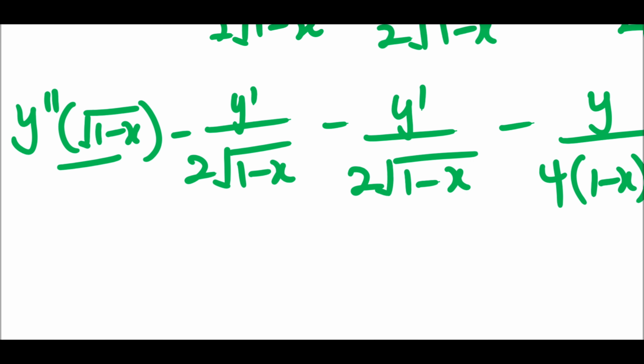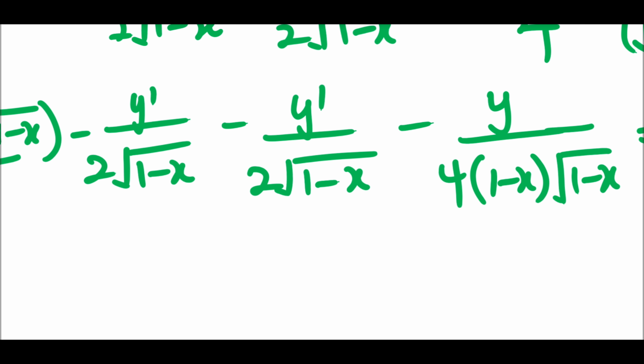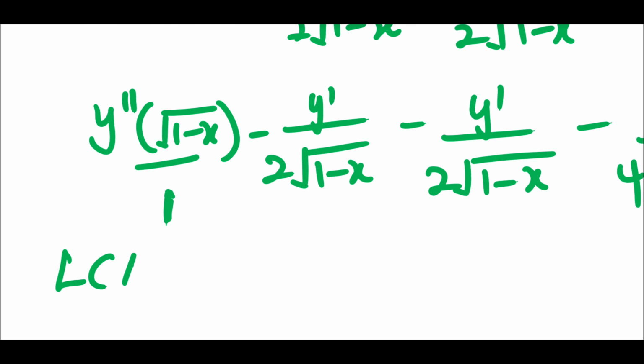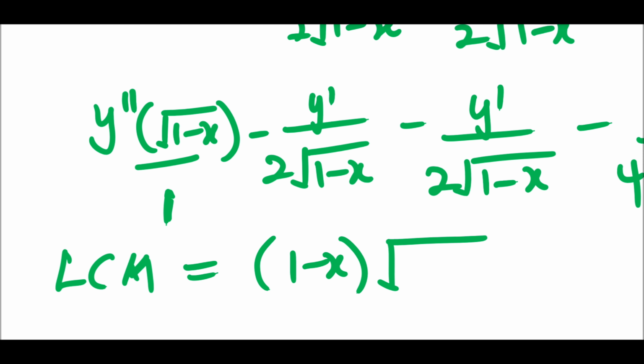Our numerator here is 1, so the denominator of this term is 1. This is also 2 root x minus 1. And here we have root x minus 1, but we have another x minus 1 outside, which is without a square root. All right. So our LCM will be 1 minus x multiply the square root of 1 minus x. So we are going to use this to multiply each of the terms.